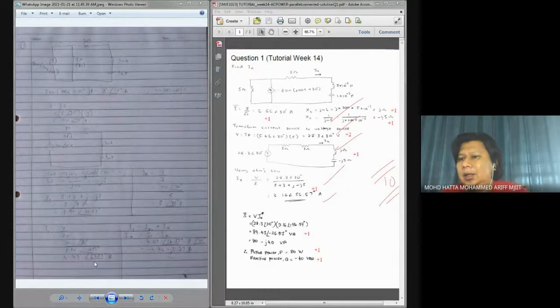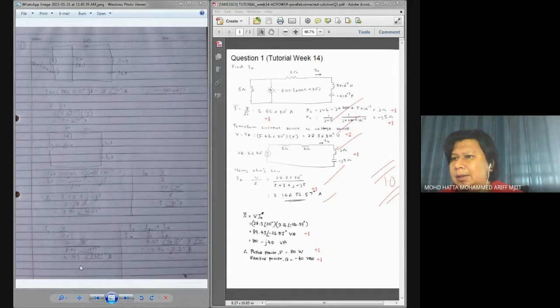Okay, the problem over here is that Hadif uses the maximum or peak value of the voltage as well as the current to calculate the total current. So here 4.47 is the maximum, the peak value of the current, not the RMS value.